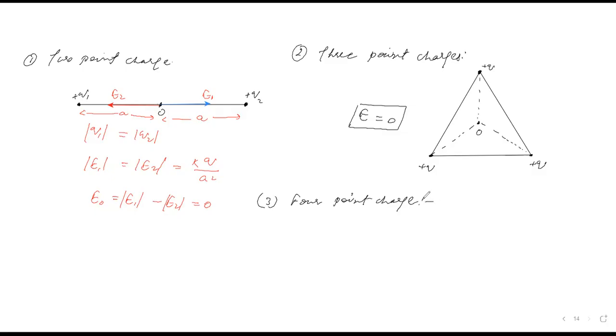And the third case, we are taking 4 point charges. All of the 4 point charges are placed at the vertices of a square. Once again, all of the charges are of the same magnitude, and the lines pass through the diagonals.